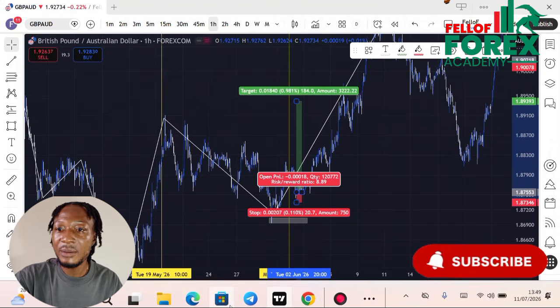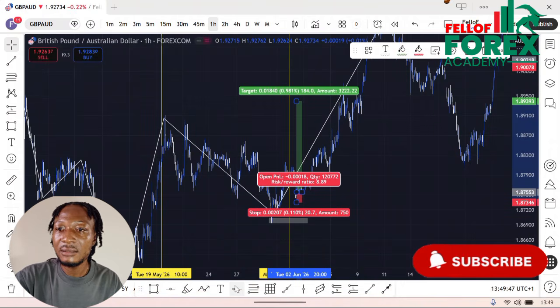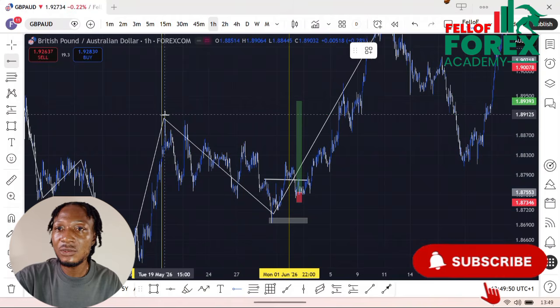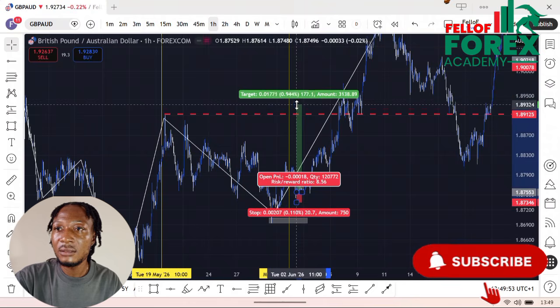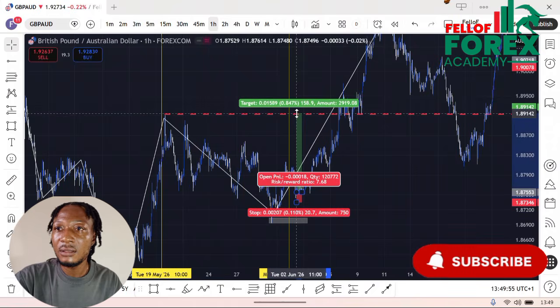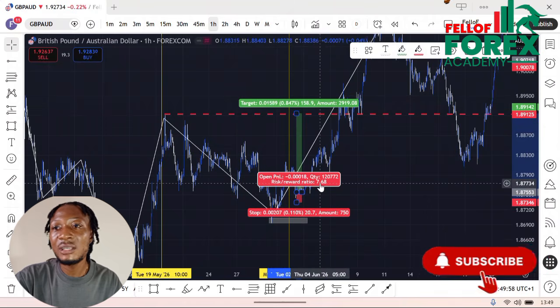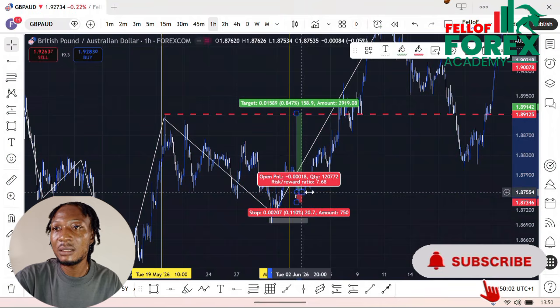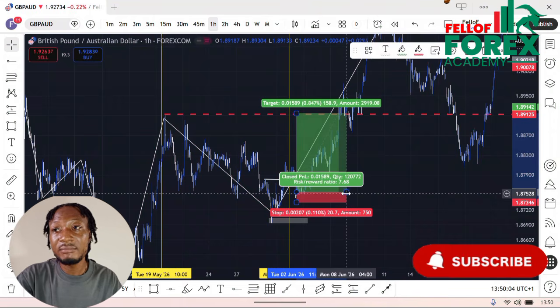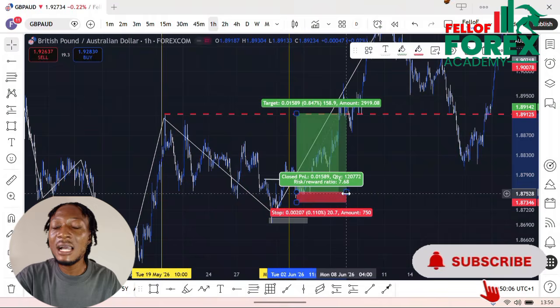This is where price started to give us the pullback. So you mark it out, and then that is a 1:7 risk to reward. Did it hit TP? Let's watch out. You got it. Okay, so that's how easy it is.